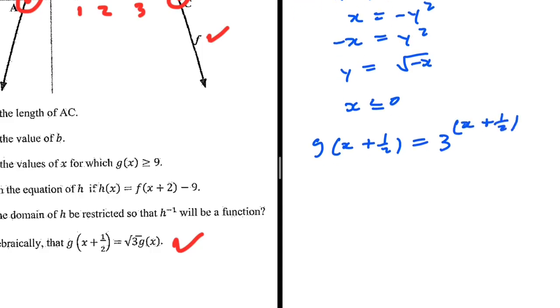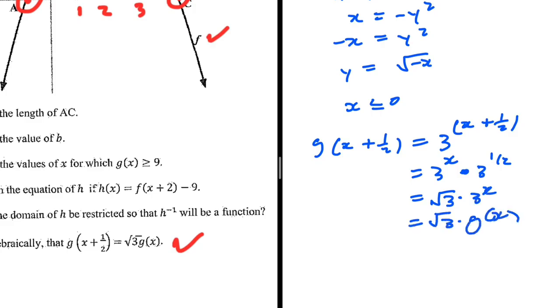I think that requires us to use exponential laws. Yes, because this is equal to 3 to the x multiplied by 3 to the half. And 3 to the half is the same as the square root of 3. And then 3 to the x is just g of x. I think we have proved that.